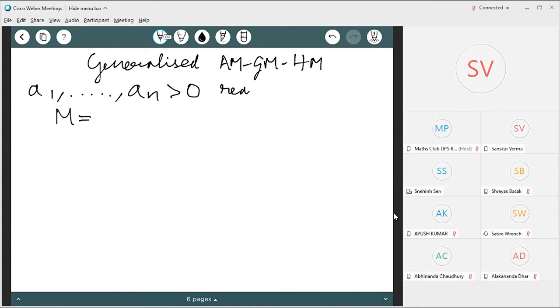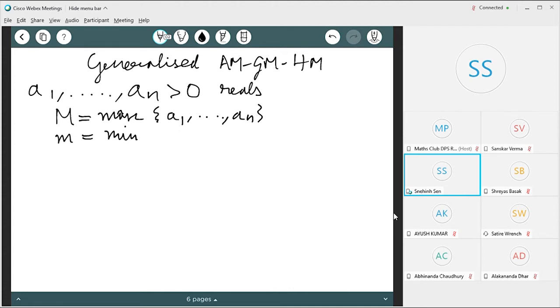Let capital M be equal to the maximum of the set A1 to AN, and small m equal to the minimum of A1 to AN. These can be determined because both of these sets are finite. N is a natural number, so there are finitely many of them, and you can find the maximum and the minimum.